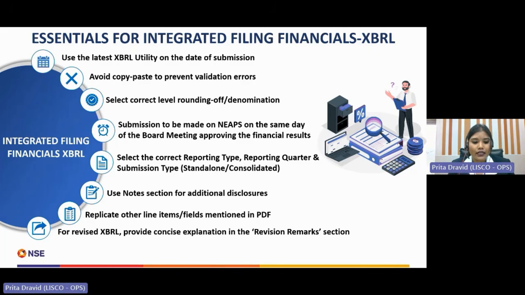Further, additional details or line items required in the XBRL which do not have a specified field in the utility can be provided in the notes section of the relevant sheet. While submitting the revised XBRL, the company is required to provide a detailed explanation of the revision in the revision remarks section. Companies are advised to download and submit the latest utility as applicable on the date of the revised submission.